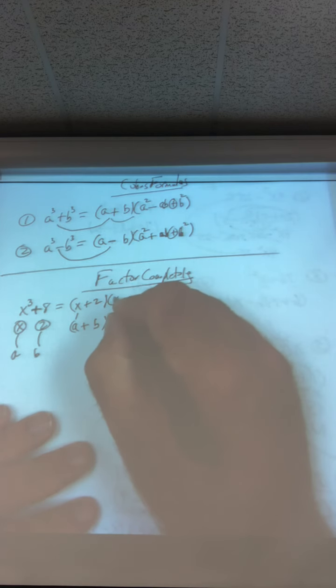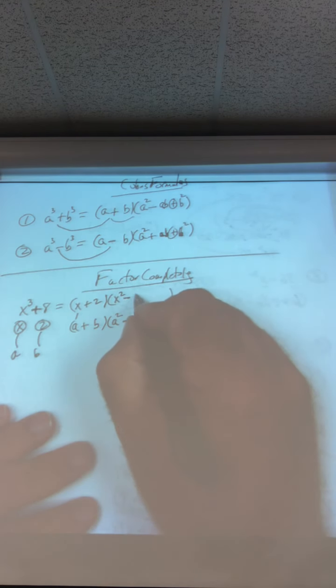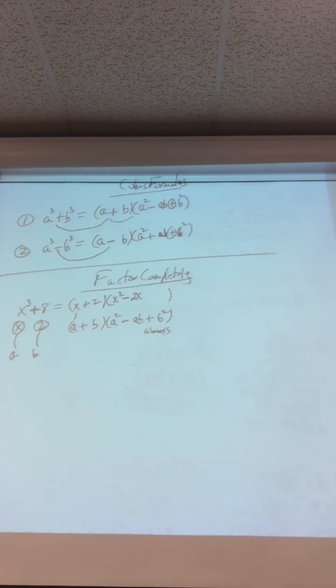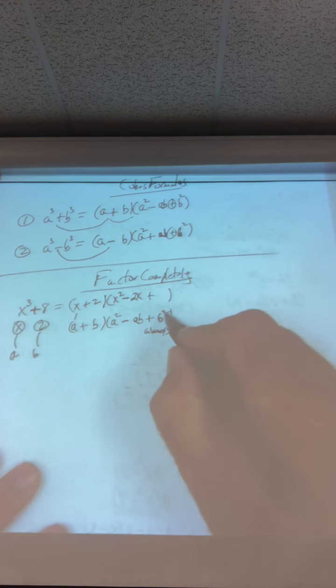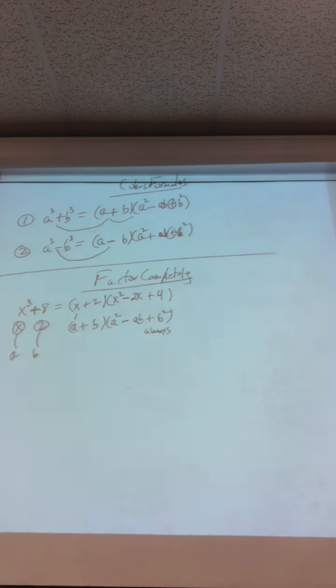And then this is going to be X squared minus X times 2, but I'm going to write that 2X. Just looks better. It's okay if you write X2. Plus 2 squared, but what is 2 squared? 2 times 2 is 4.